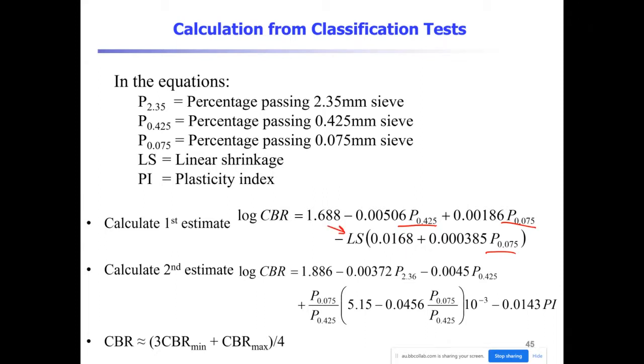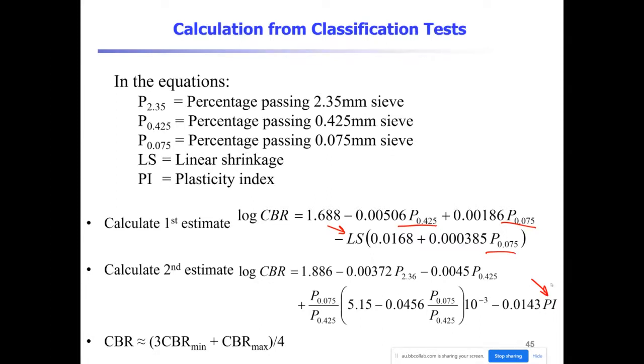LS is the linear shrinkage in this equation, and PI that you can see is the plasticity index, which is related to the Atterberg limit. That's the difference between the liquid limit and plasticity limit.